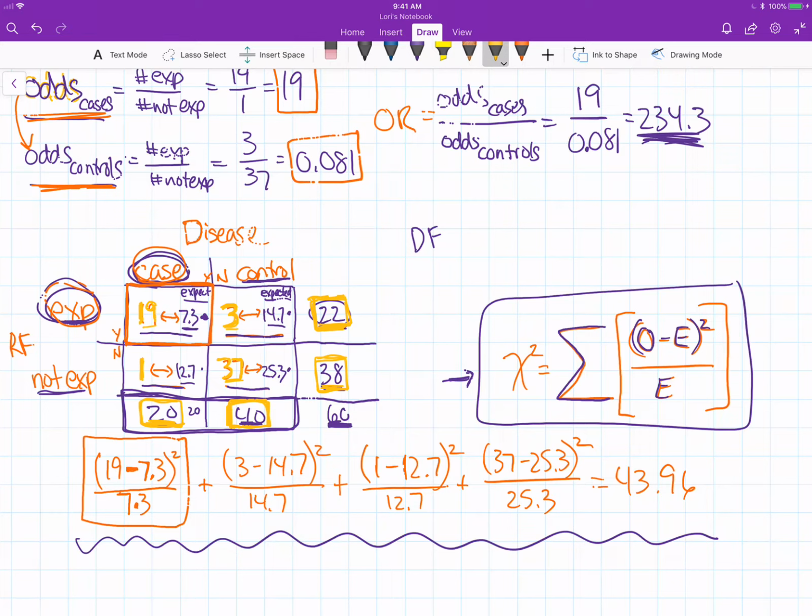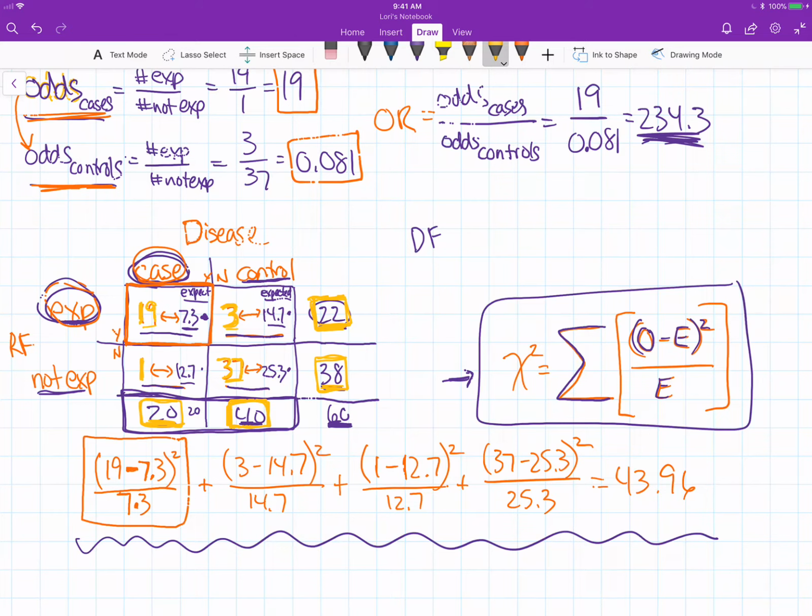In a 2 by 2 table, as soon as I have filled in one cell, all of the other cells are decided. Given that I know all of my row totals and column totals, if those are considered to be fixed, then I'm only free to change one number, and then all of the other ones are decided.